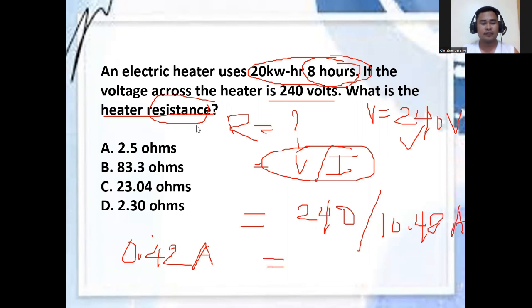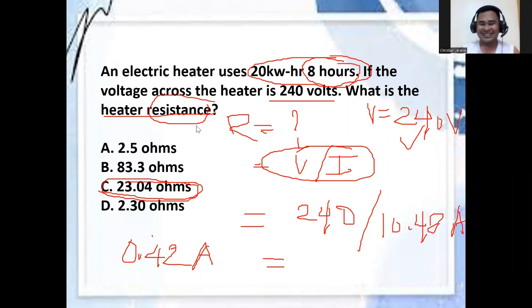What is then the final value of the resistance? Solve it on your end. That is 240 divided by 10.42. The answer there is 23.04. Very good. The answer is letter C. Okay?